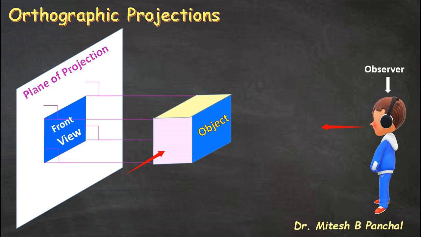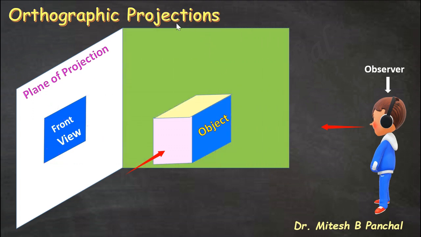For that we need to consider a plane which is perpendicular to the viewing direction, right? So consider this plane as the plane of projection when you are viewing the object from this side. So again we will get the parallel projectors which are perpendicular to the plane of projection.